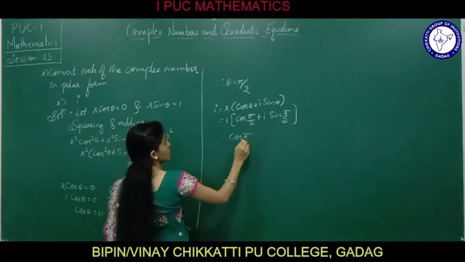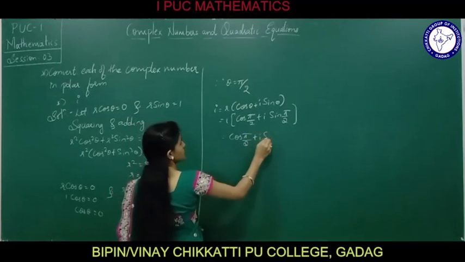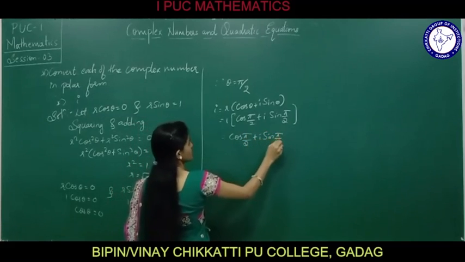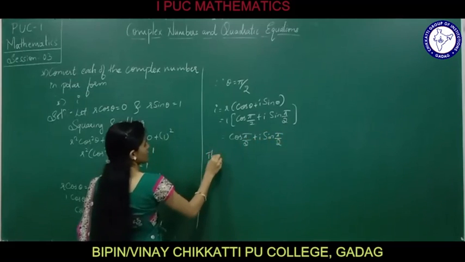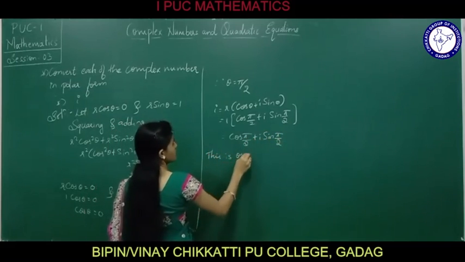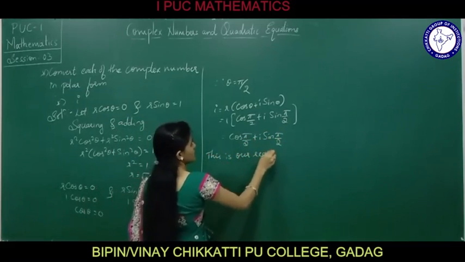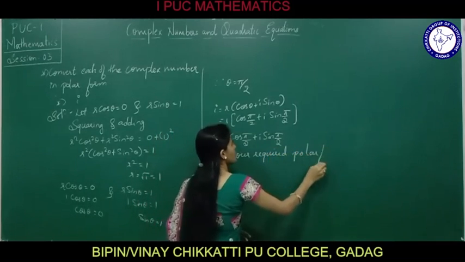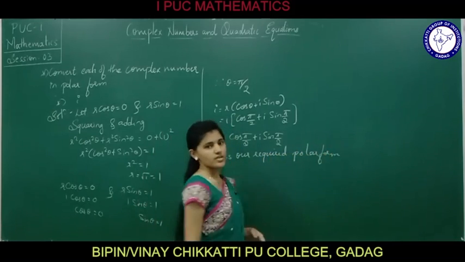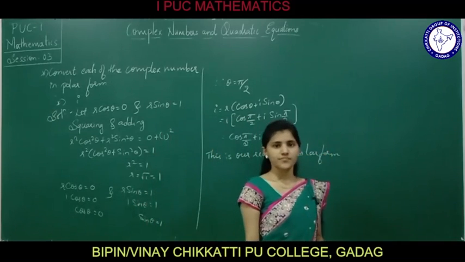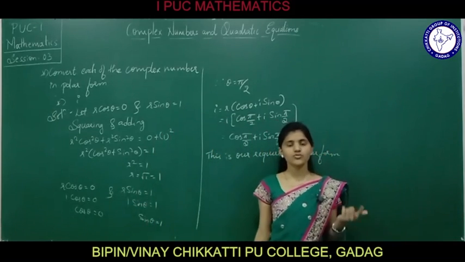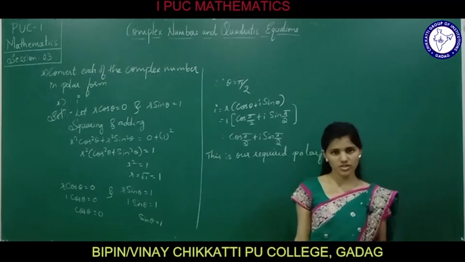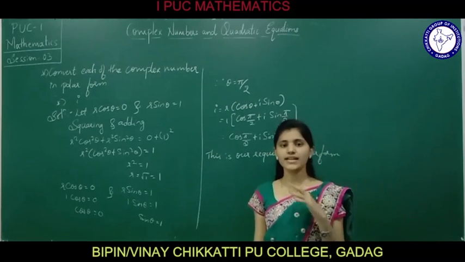Therefore, it is cos pi by 2 plus i into sin pi by 2. This is our required polar form.